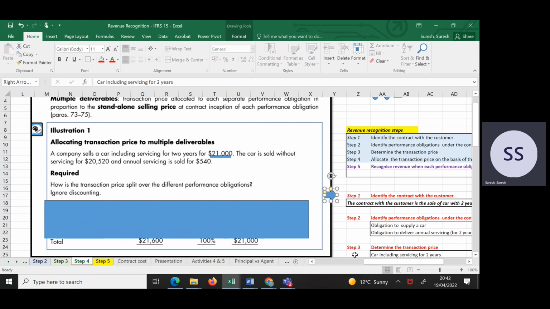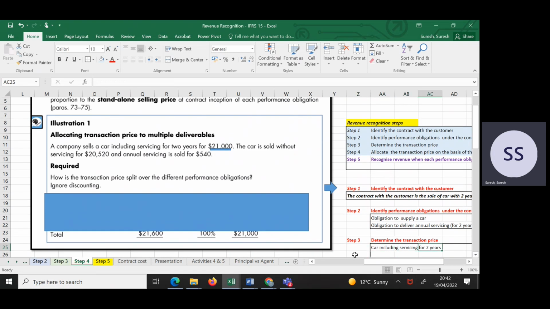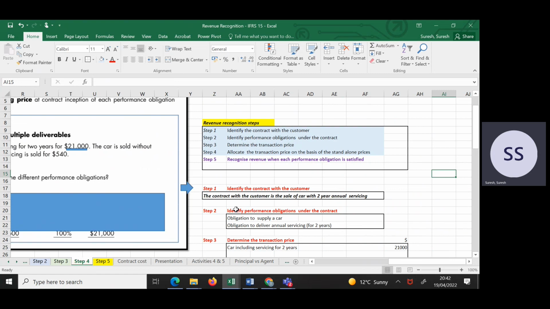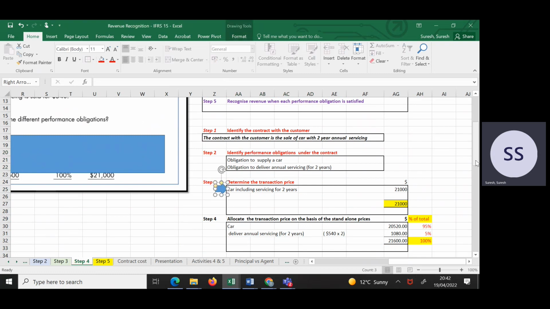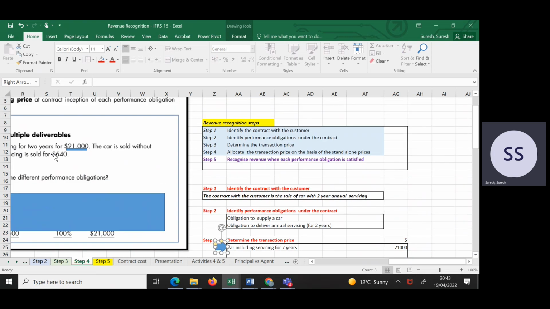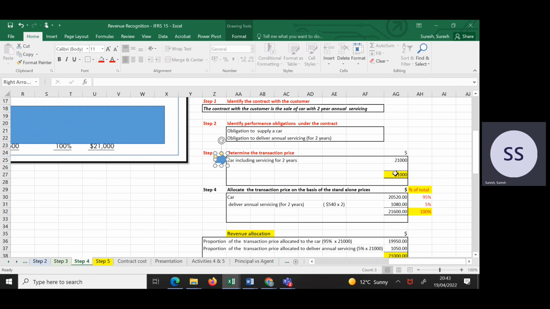So I've been asked to follow certain steps. First, identify whether there is a contract. Second, identify the separate performance obligations. Once that is done, third, I need to identify the transaction price. Here I have only one transaction price, and we've been told 21,000 is what I'm going to receive. So this 21,000 is my transaction price.